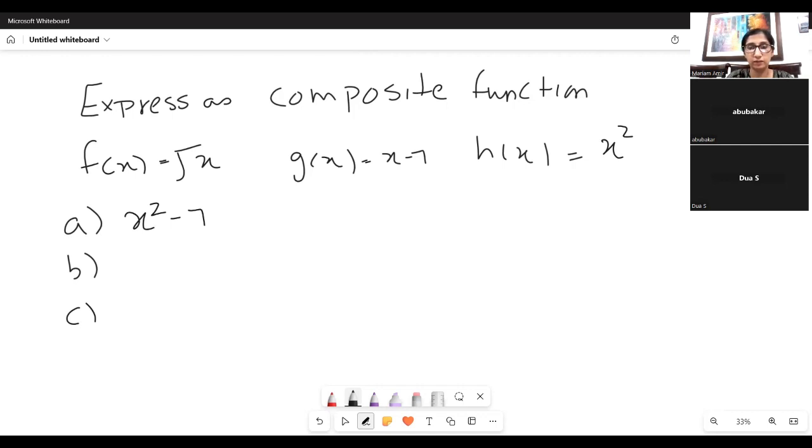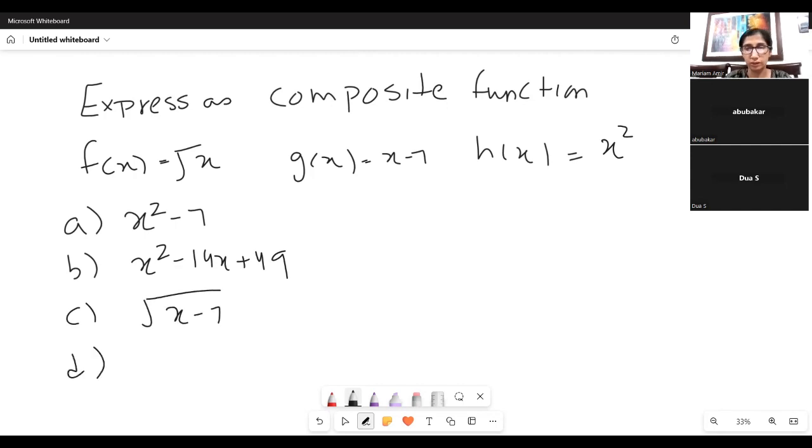B is x minus 7. Sorry, x squared minus 14x plus 49. And C is under root x minus 7.